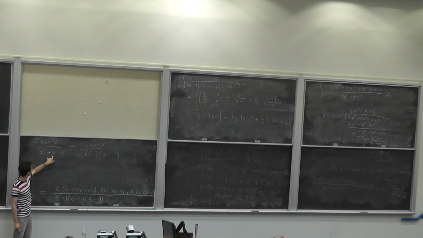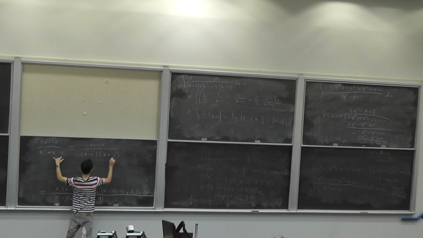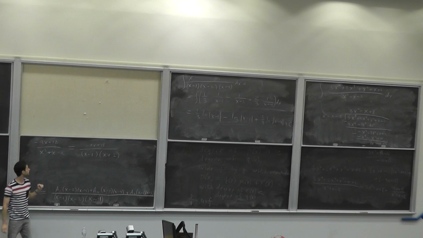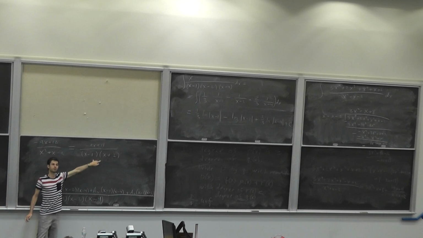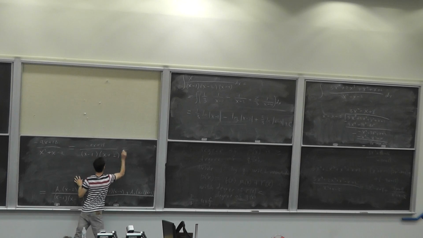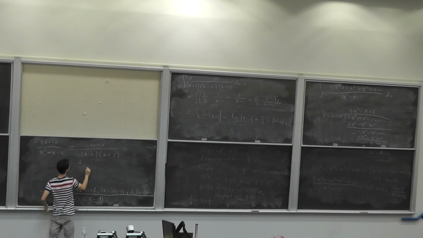It's minus 1 and 2, yes. Minus x plus 2x is x, minus 1 times 2 is minus 2. Once you have factored the denominator, you can write a partial fraction equation.